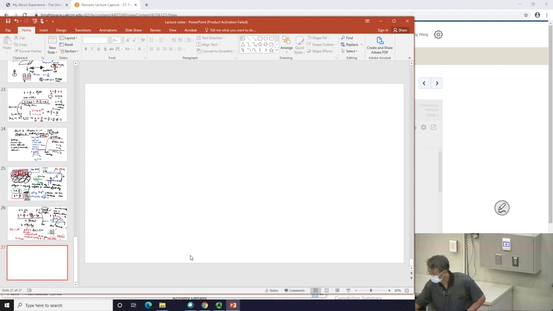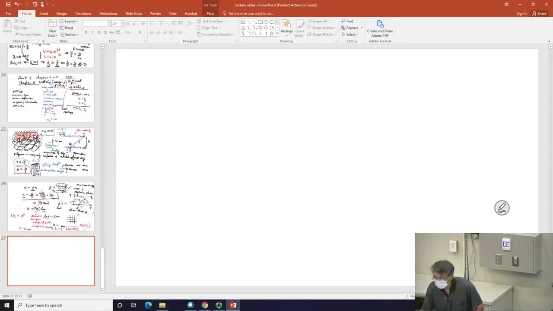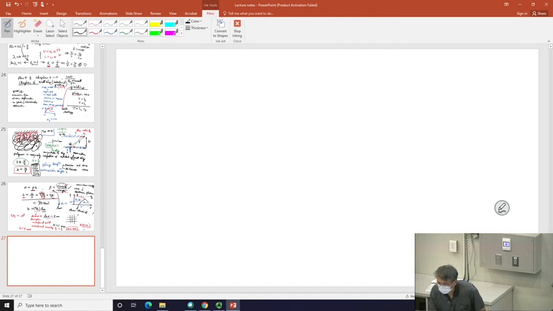I cannot motivate you enough to tell you that this wall slip turns out to be a problem that we must address and understand if we were to understand nonlinear polymer rheology.